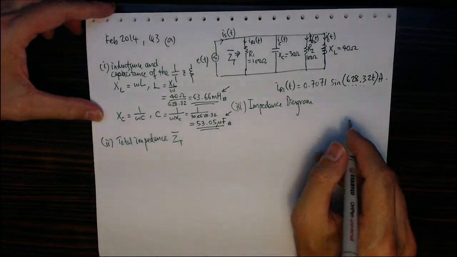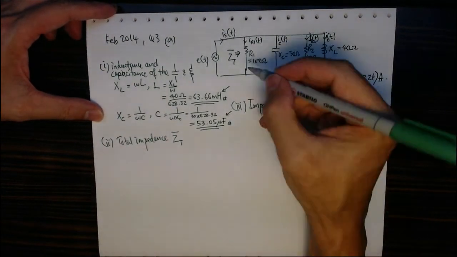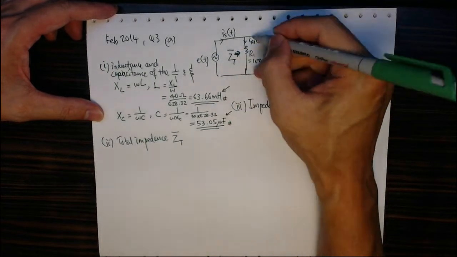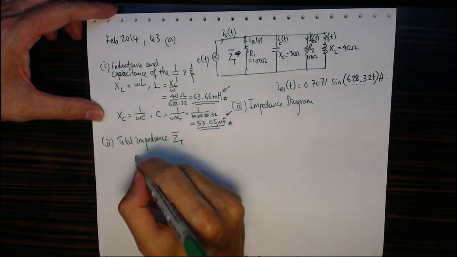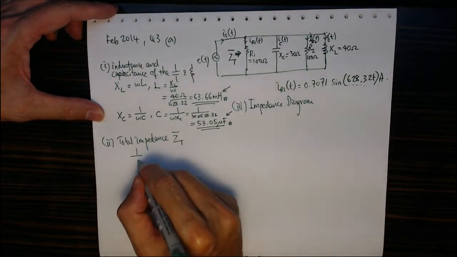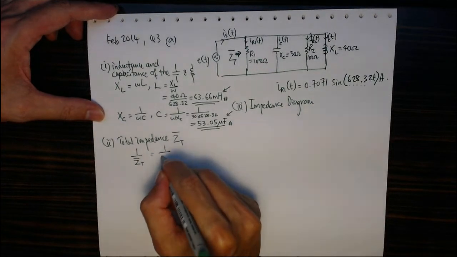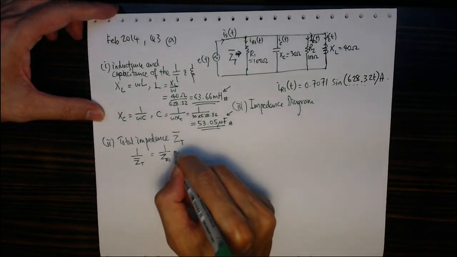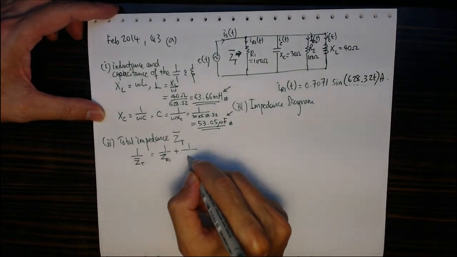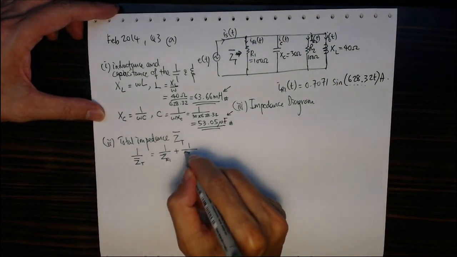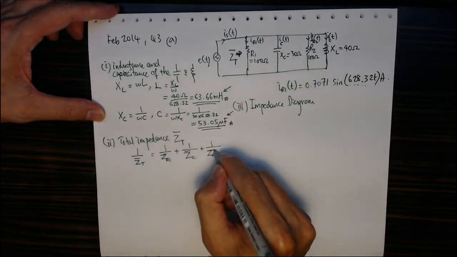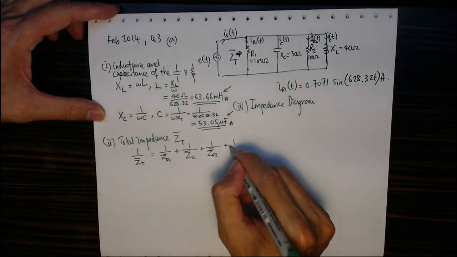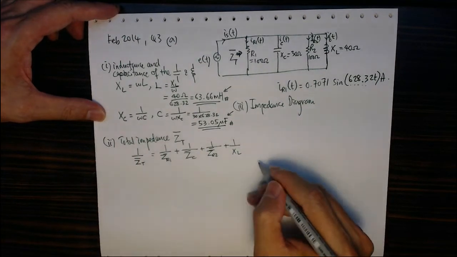Now the next thing we want to do is to calculate the total impedance. Total impedance is seen from this angle, that means the whole thing here. They're all in parallel, so I need to use the parallel formula. 1 upon ZT is equal to 1 upon ZR1 plus 1 upon ZC plus 1 upon ZR2 plus 1 upon XL.